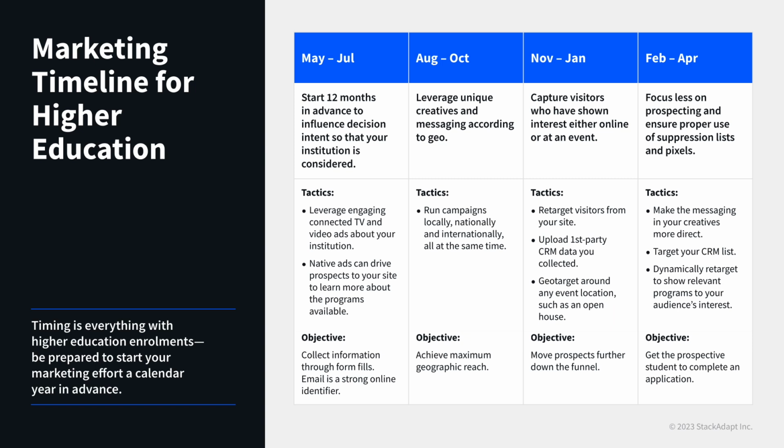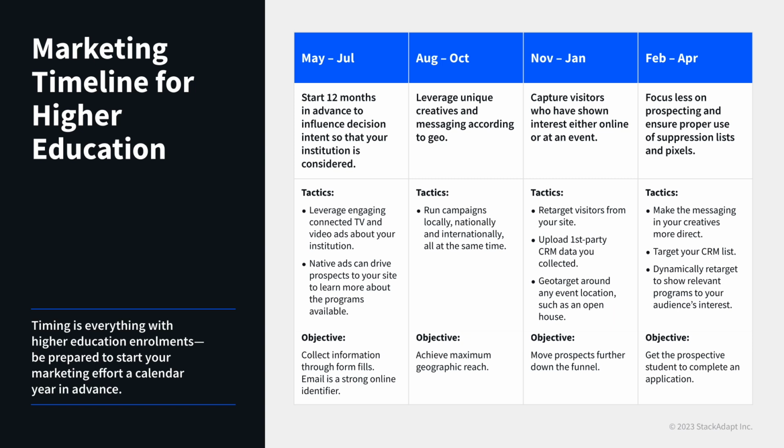Then lastly, throughout February and April, this is the enrollment phase. So the objective is to get users to complete applications, and we would recommend to focus less on prospecting and more on pixel data that you already have from your previous activity.